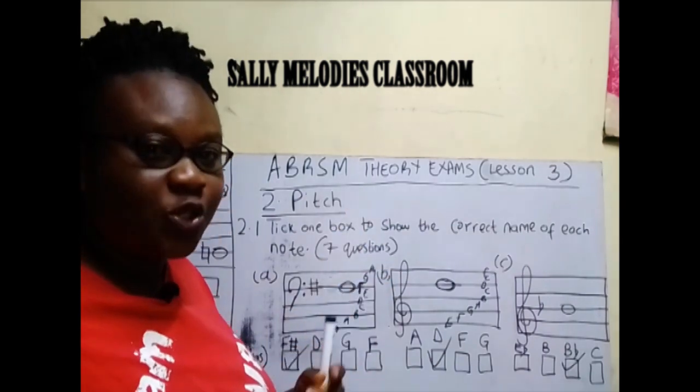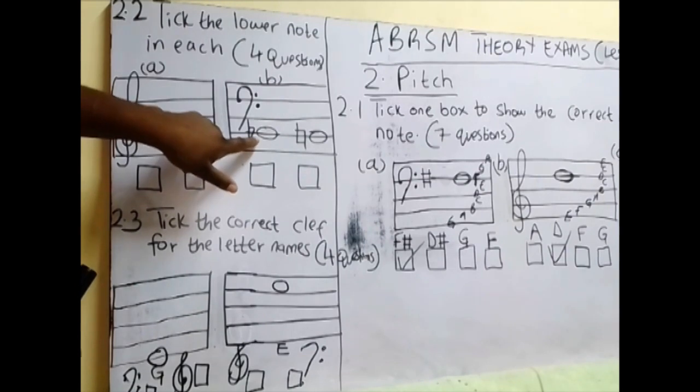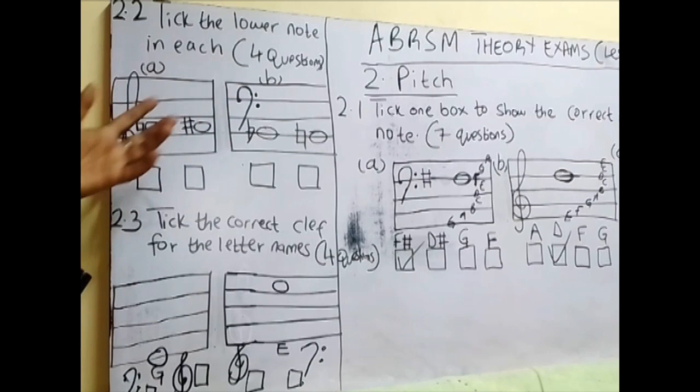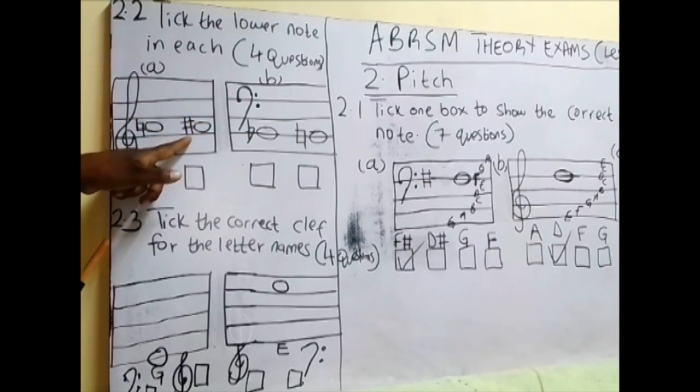Those are just accidentals. Question 2.2 is telling us to tick one lower note in each of the following. They are expecting you to know more about the accidentals. When you put a flat on a note, you lower it by a semitone. When you put a sharp, you raise it by a semitone.